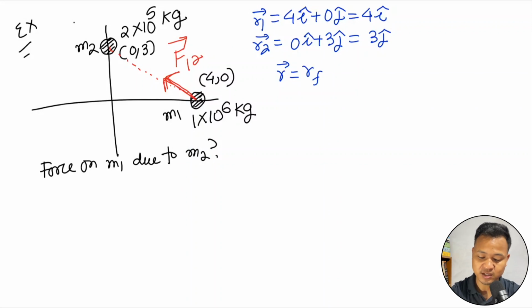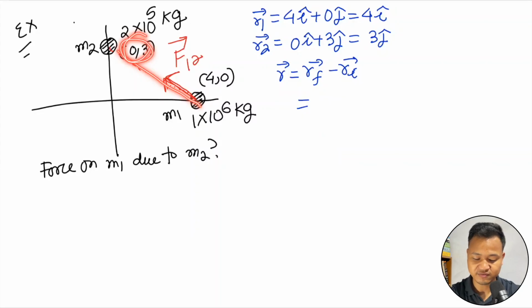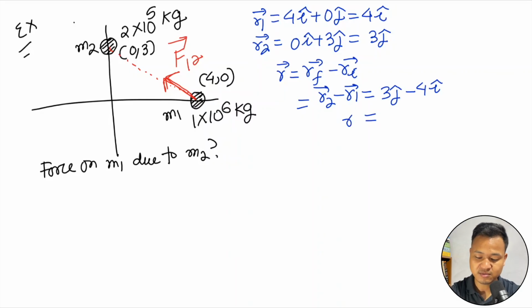So r bar will be r final minus r initial. That means your r2. So r2 minus r1. r2 is what? So 3 j cap minus 4 i cap. Okay, or simply you can write r is equals to minus 4 i cap plus 3 j cap.